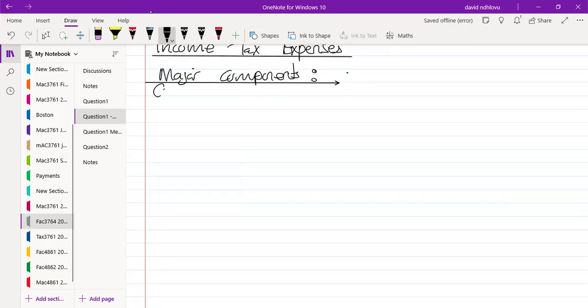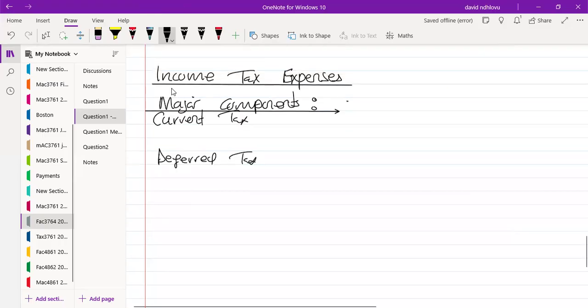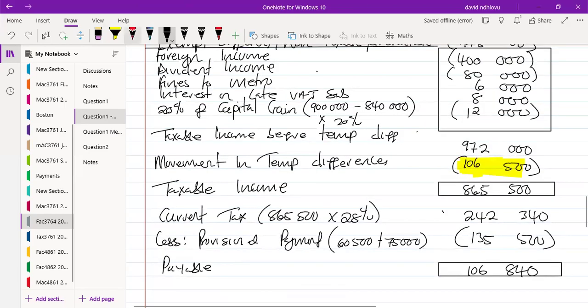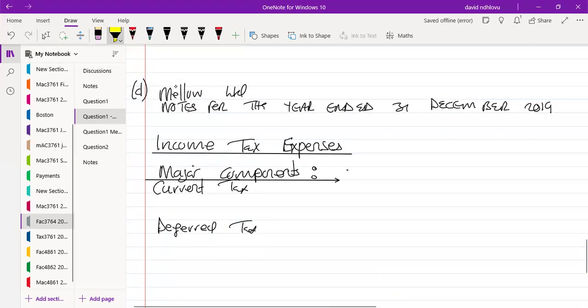Right, then we say current tax. Then we say deferred tax. The current tax amount that you are going to disclose here is the amount before any payments, which is this figure, 242,340. That's what I use.